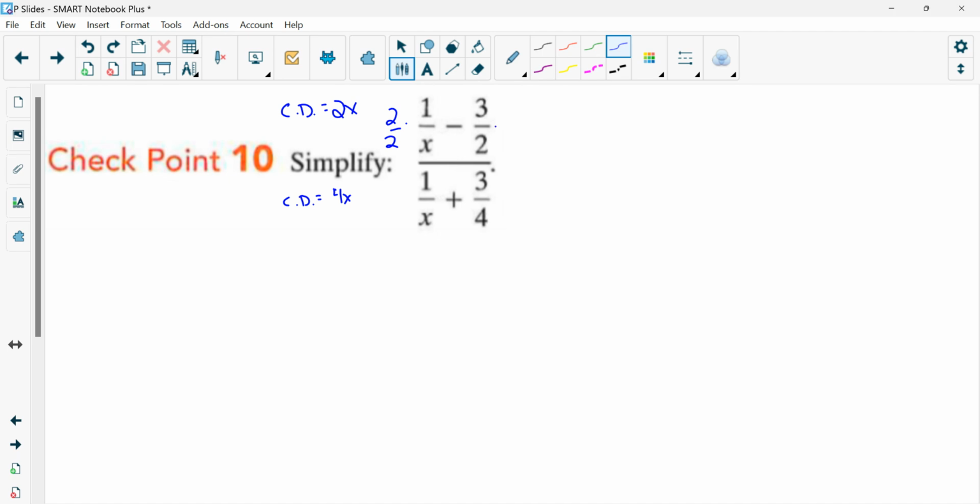So I'm multiplying top and bottom by x over x. In the denominator, again, our common denominator is 4x. So our first fraction has an x in the denominator. So what's missing? 4. So I have to multiply top and bottom by 4 over 4. In our second fraction, it has the 4, but it's missing the x. So we have to multiply the second fraction by x over x.